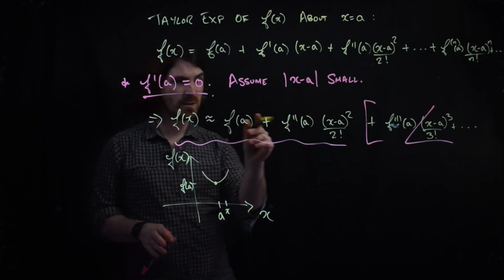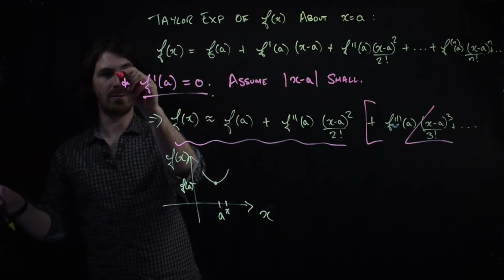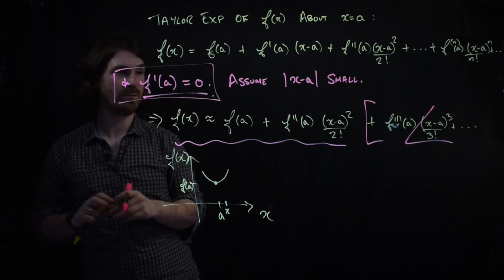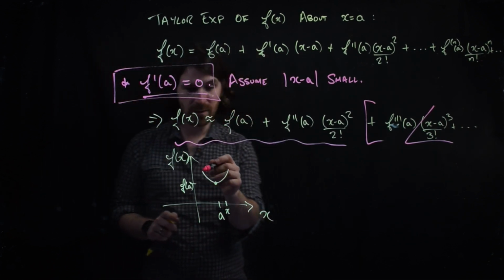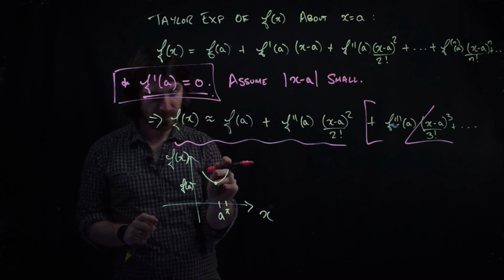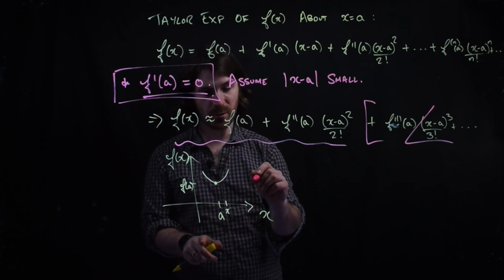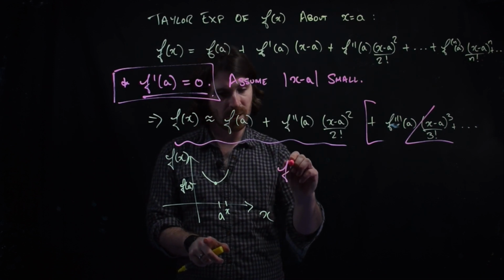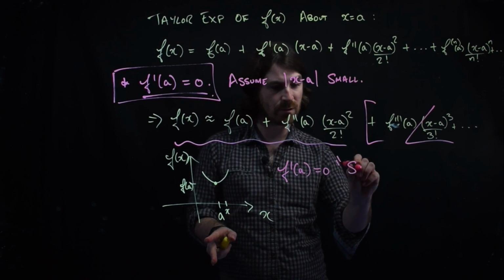So in this approximation, when the first derivative is 0 and we only move a small distance away, then we're always drawing a parabola. This is called a stationary point. So f prime of a equals 0 is a stationary point.